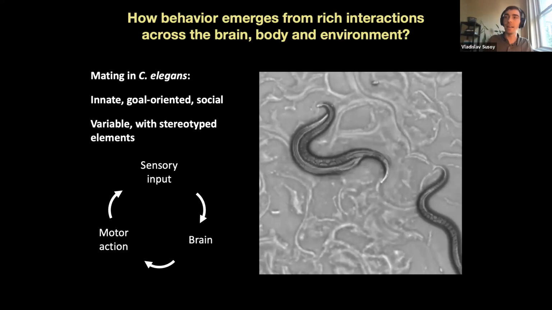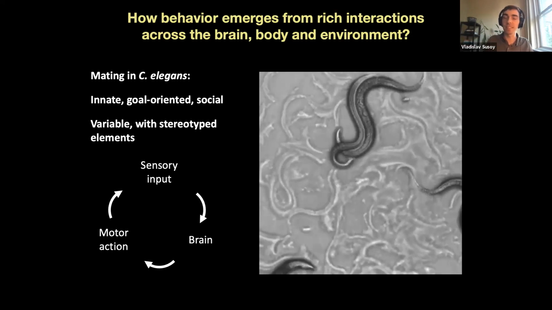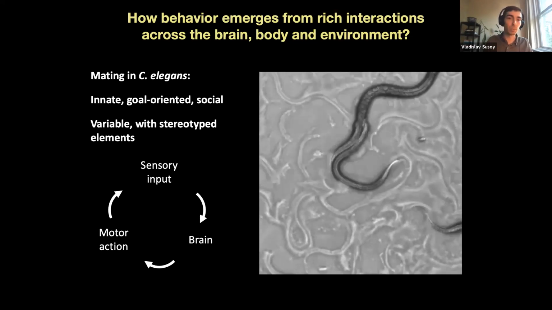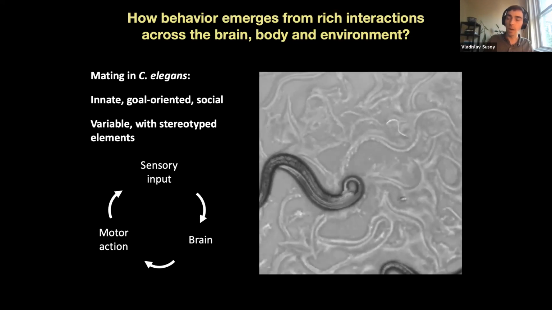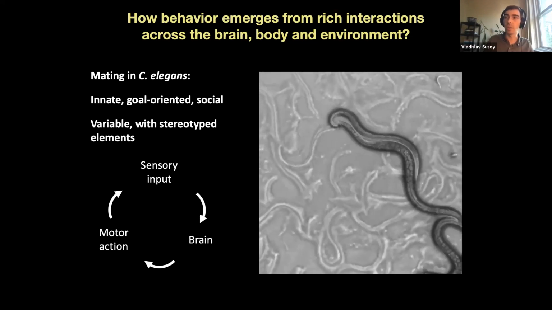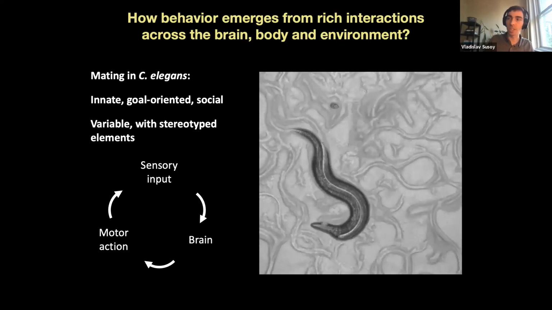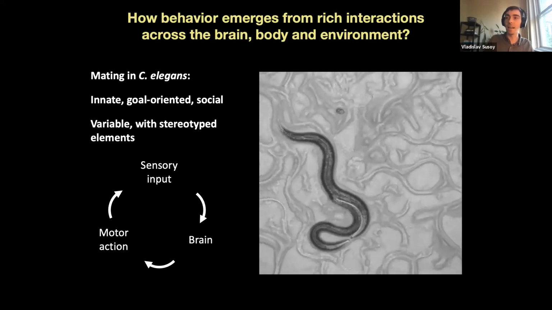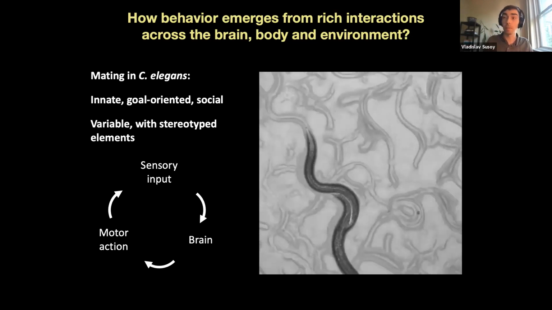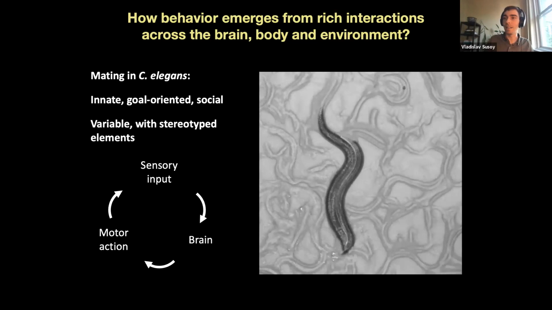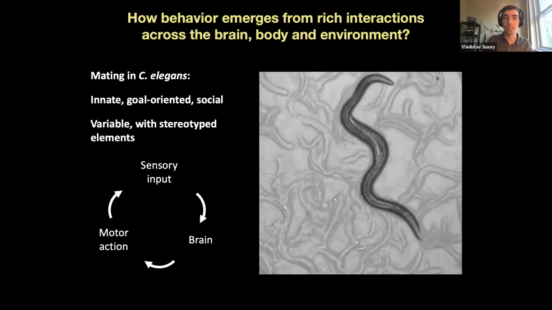So the male finds the hermaphrodite, and then it contacts the hermaphrodite with the ventral side of its tail, which is equipped with many sensory neurons, and then starts pushing backwards, trying to locate the hermaphrodite vulva and insert its mating organs, which are called spicules. And to do this, sometimes the male has to turn around the head of the hermaphrodite, and it expresses many other conserved behavioral so-called motifs.